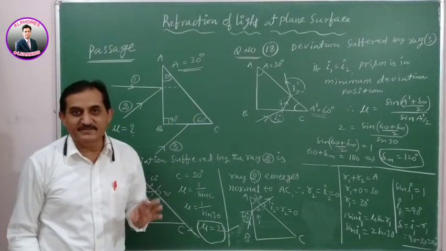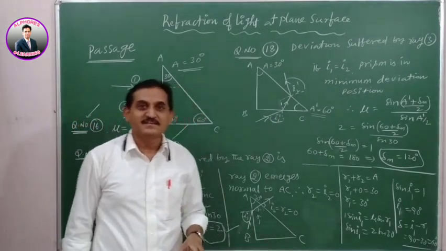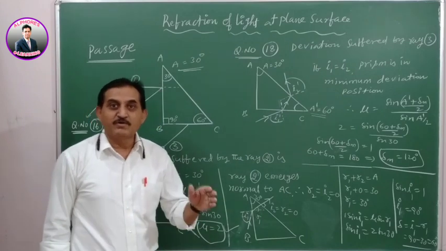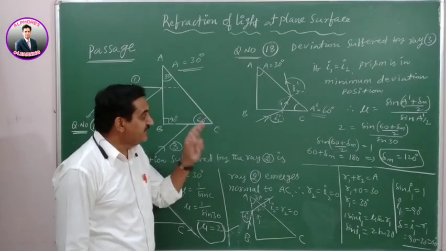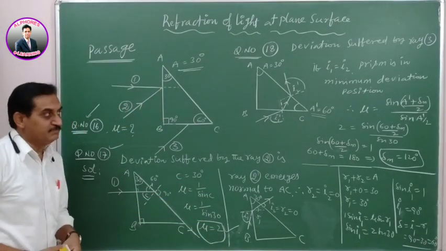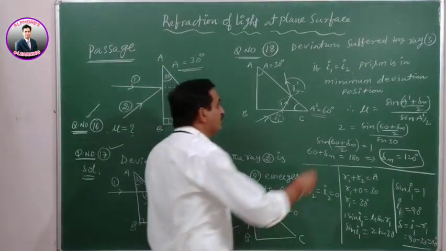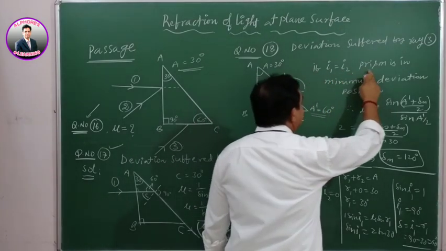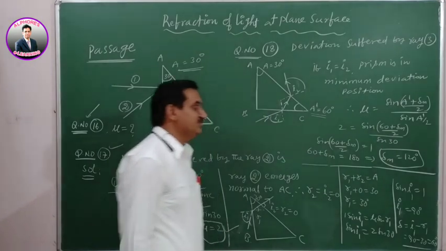It is possible whenever the light is symmetric inside the prism, the refracted ray inside the prism will be symmetric, and then the prism is said to be in minimum deviation position. Therefore, here I1 equals I2, the prism is in minimum deviation position.